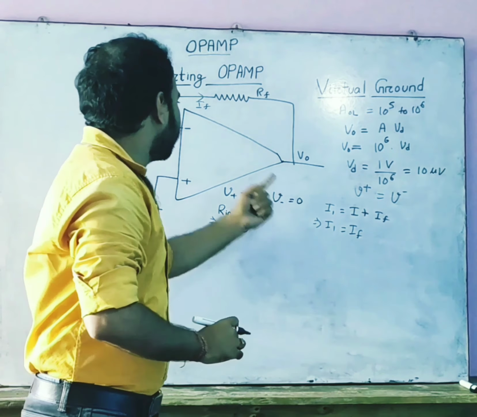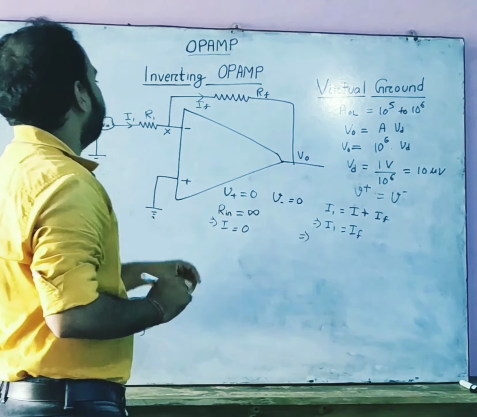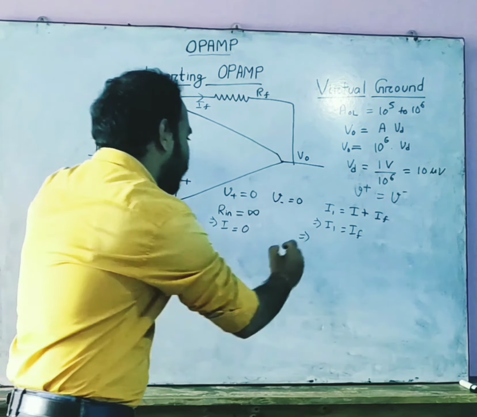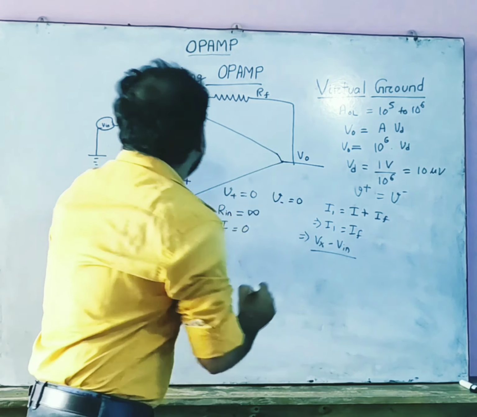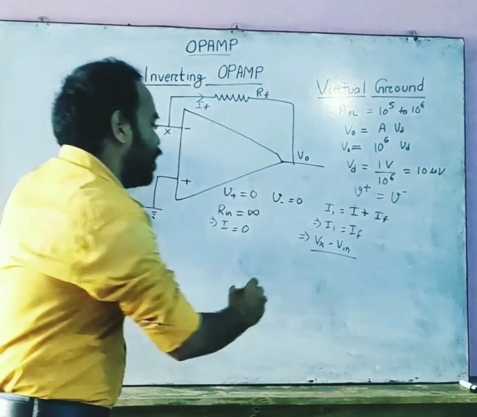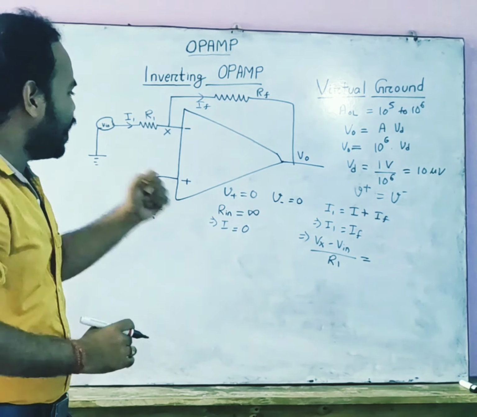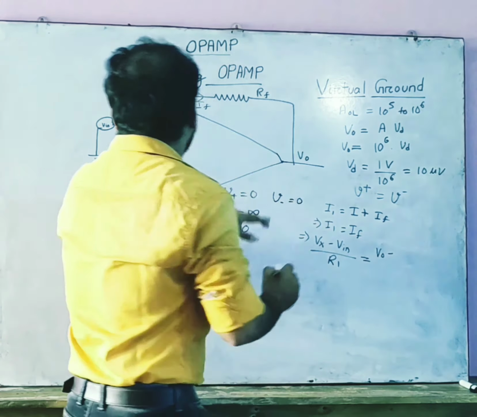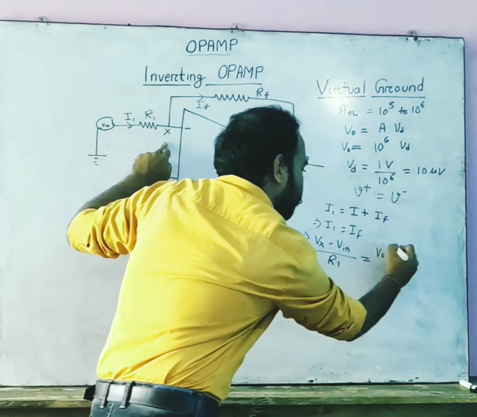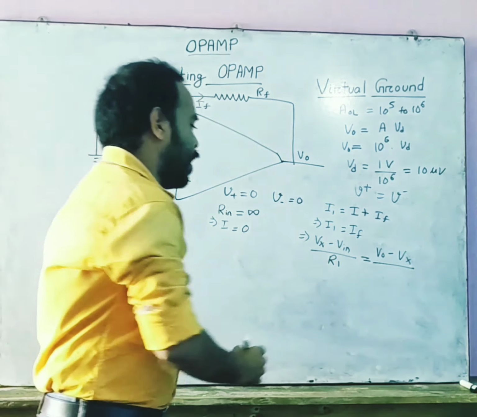Now, putting the respective values for the signals, I1 can be written as Vx minus V input divided by the resistor connected R1. Similarly, IF can be written as V0 minus Vx divided by the resistor connected RF.